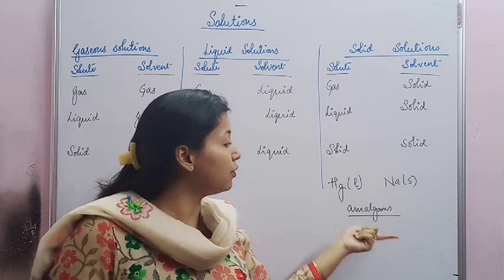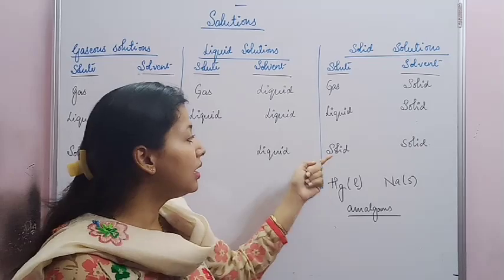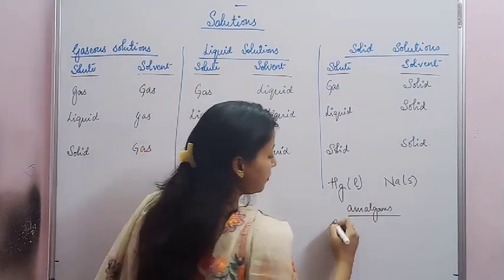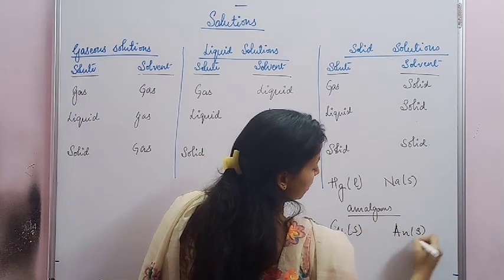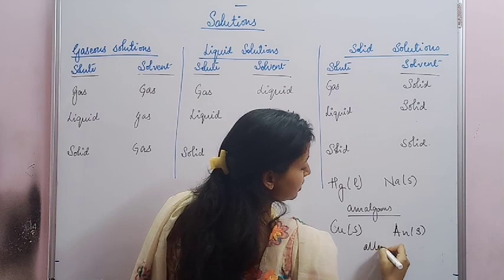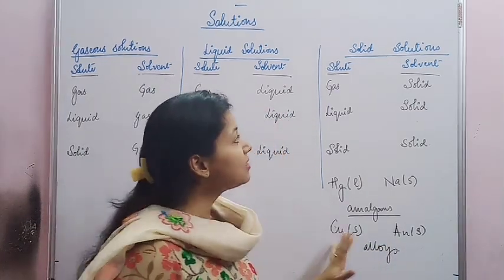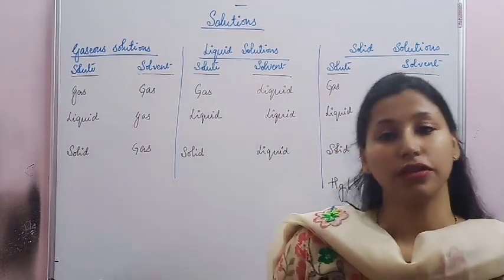Both of them are metals, so the example for liquid in solid is amalgam. Last, solid in solid. Example, copper dissolved in gold. Solid in solid, we get alloys. So, with this, I'll conclude my discussion about the different types of solutions.